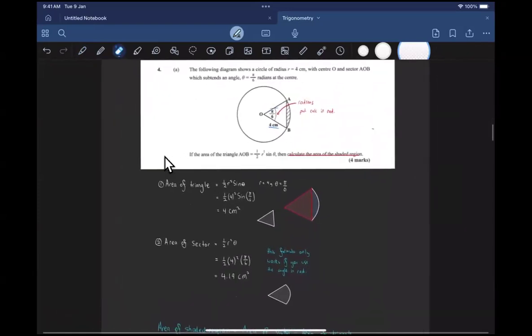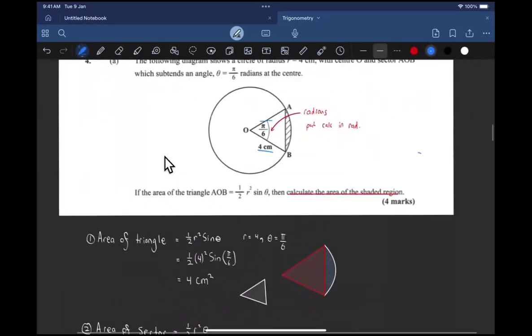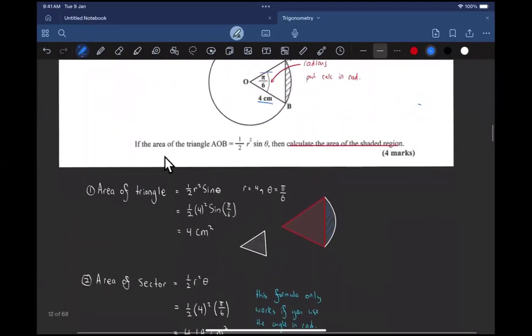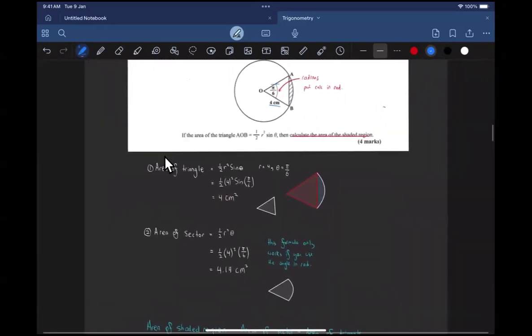When he was doing this question, to figure out the area of the shaded region, what area did I find first? The area of the triangle. And what area did I find next? The area of the sector. And then subtract it. Right. When I take away the triangle from the sector, I'll be left with that shaded region.